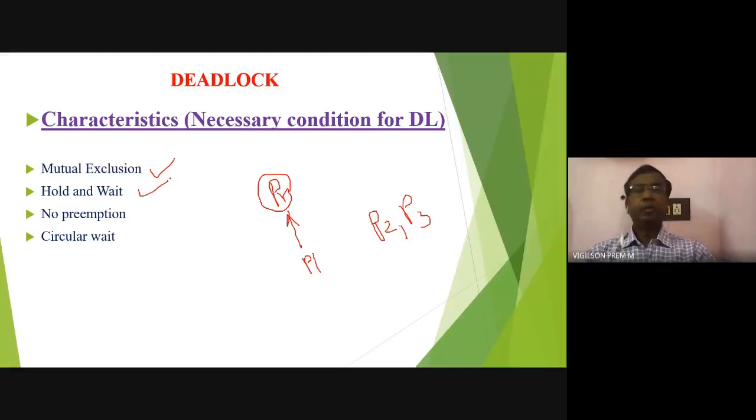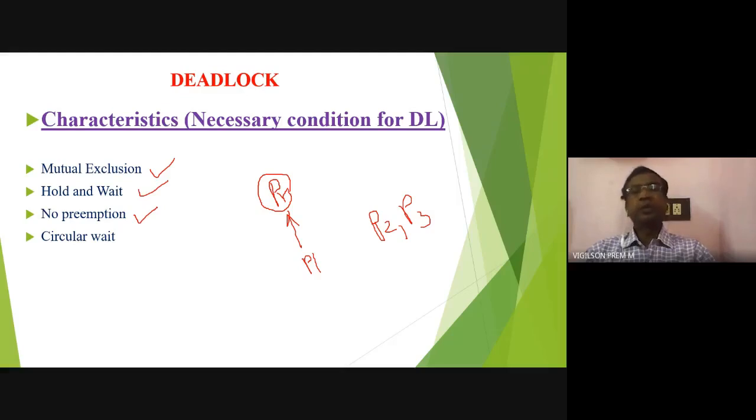The third condition is no preemption. We have already discussed preemption. Preemption means the current process gets suspended due to some other important or sensitive process. No preemption means the current process will not get suspended at any cost. It will complete its work.